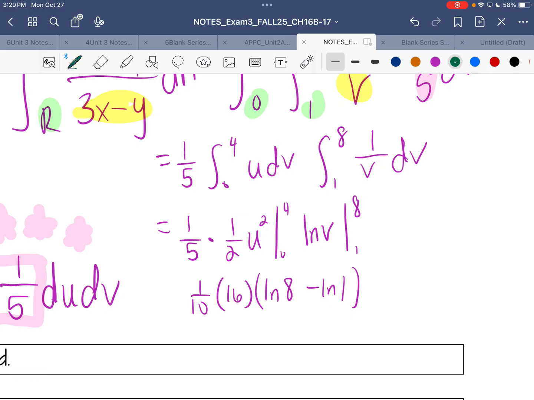What's ln of 1? 0. So we should be able to simplify this fraction. What does this simplify to be? 16 over 10. What is that simplified? Divided by 2, 8 over 5, and you're done.